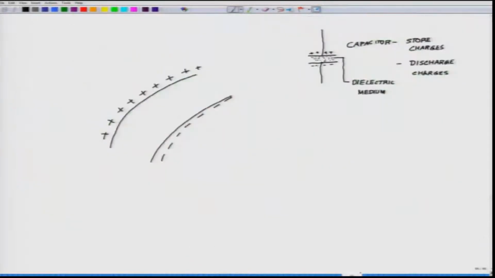Historically, when a membrane is treated as a component of an electrical circuit, this is called an equivalent circuit model of the cell membrane. Fine.